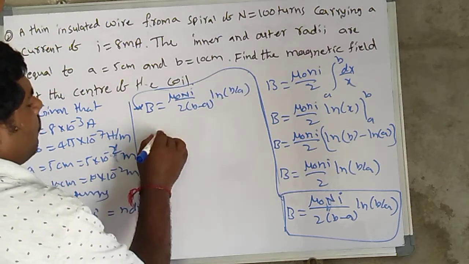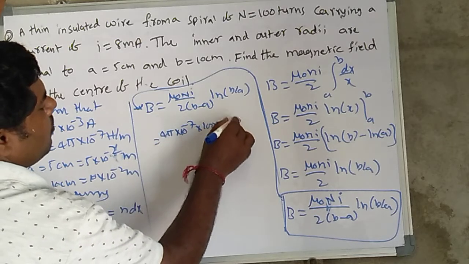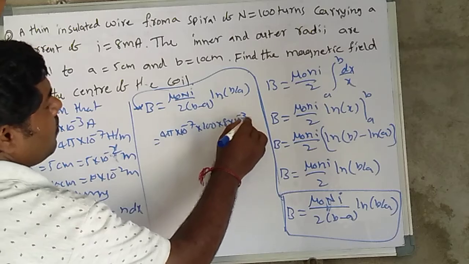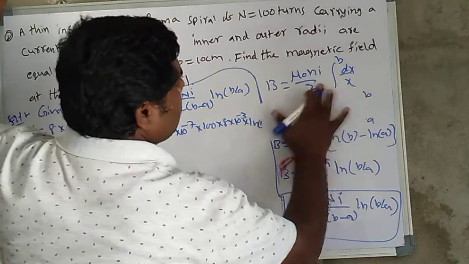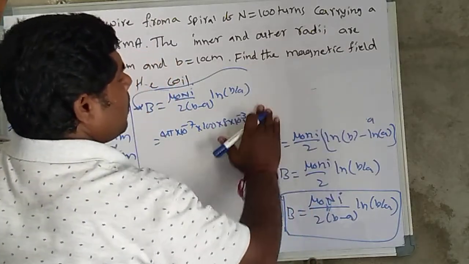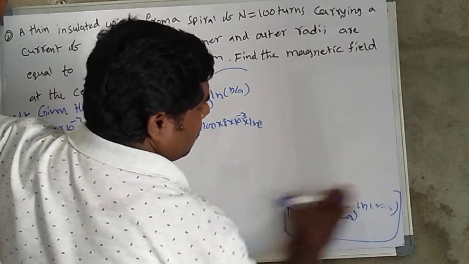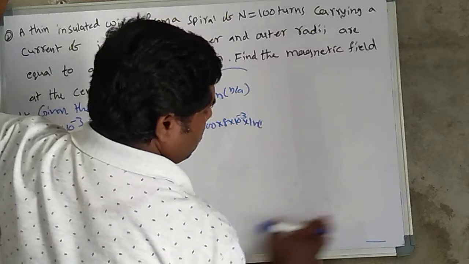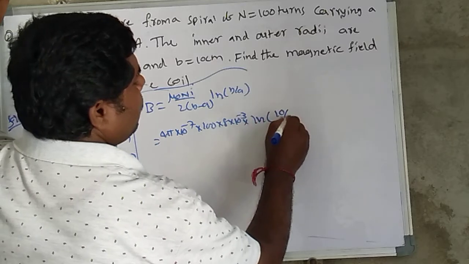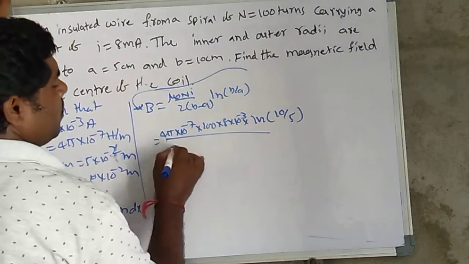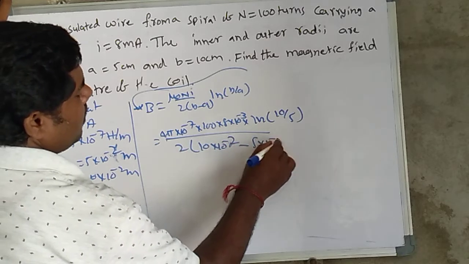So here 4 pi into 10 to the power of minus 7 into 100 into 8 into 10 to the power of minus 3 into log of 10 by 5, divided by 2 into 10 into 10 to the power minus 2 minus 5 into 10 to the power minus 2.